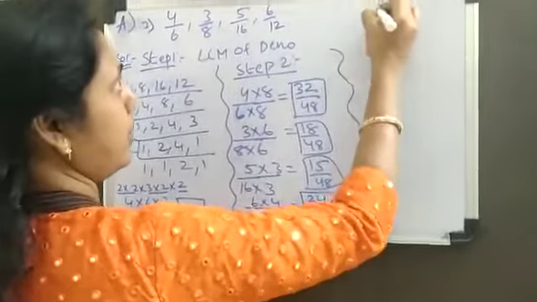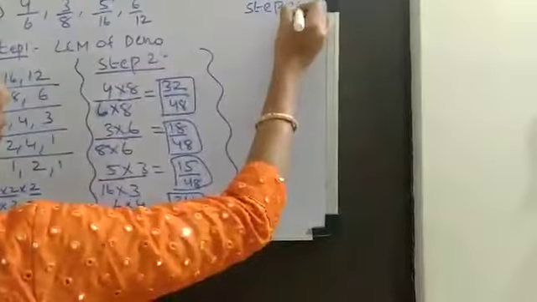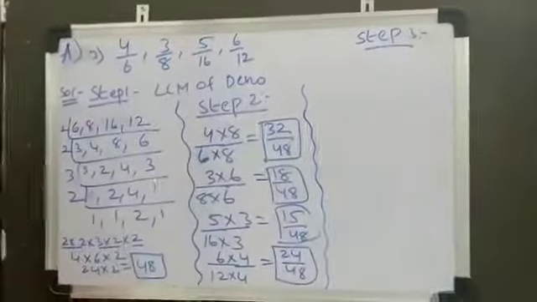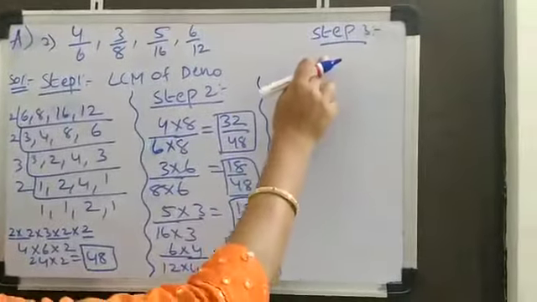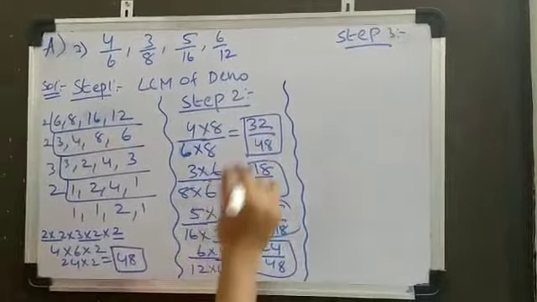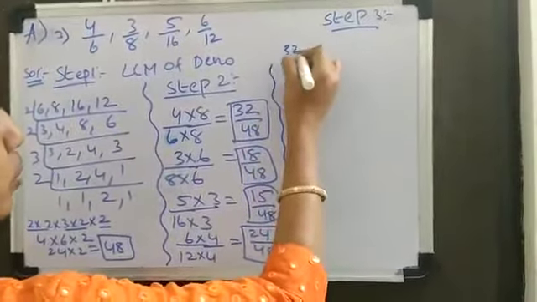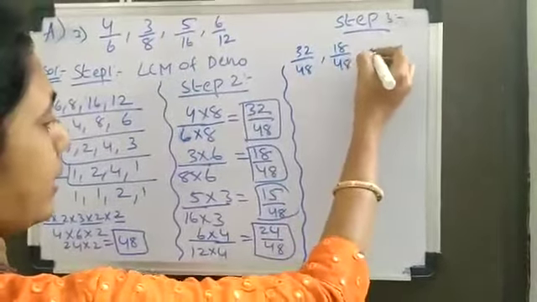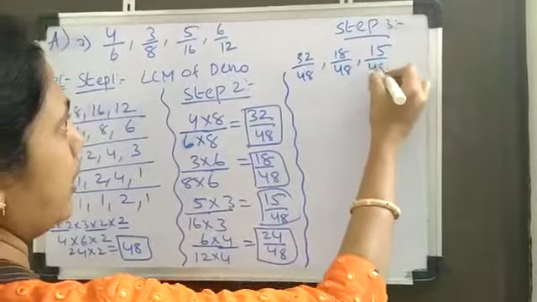This is step 3. Now in step 3, we will put them in ascending order. That is what they have asked in the question. I am writing the fractions which we got. I didn't put them in order till now.